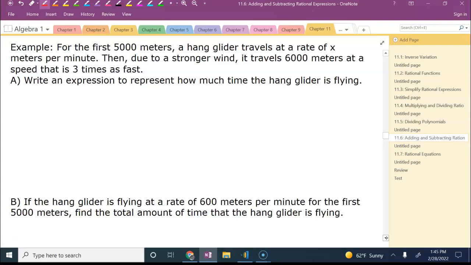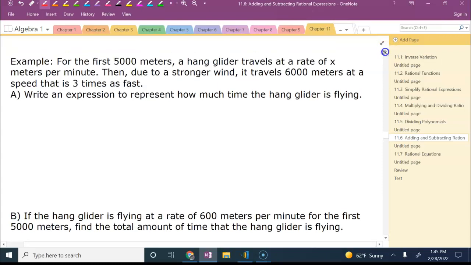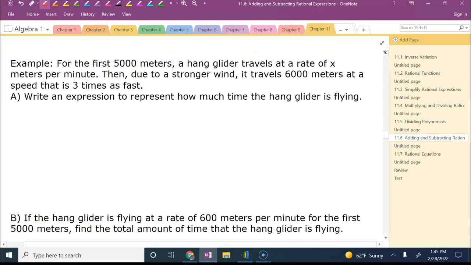So another area that this kind of problem can show up is when we're talking about distance with respect to how fast you're traveling and how far you've been traveling, or how long you've been traveling for. A while ago, way back at the start of the school year, we started talking about the D equals R times T equation.